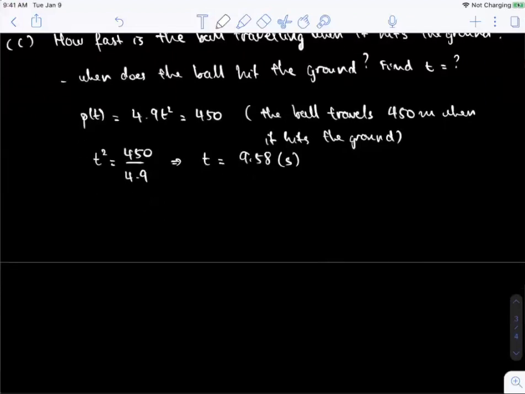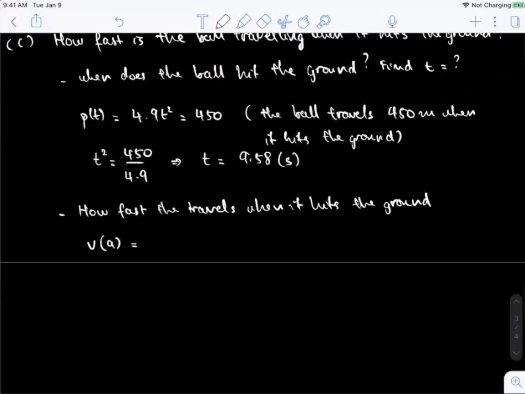And then, of course, you're going to calculate how fast the ball travels when it hit the ground. You know the instantaneous velocity, which is v of a equal to 9.8 times a.